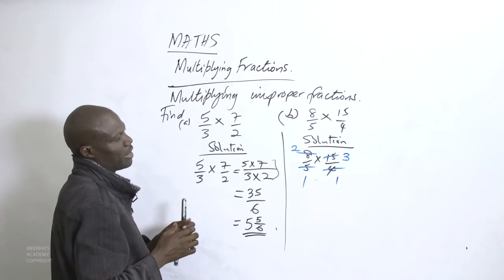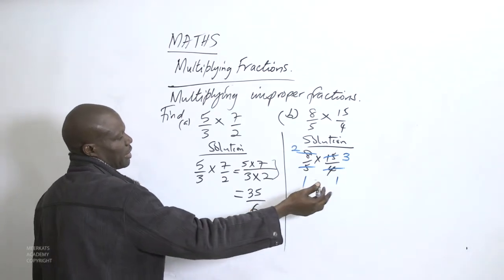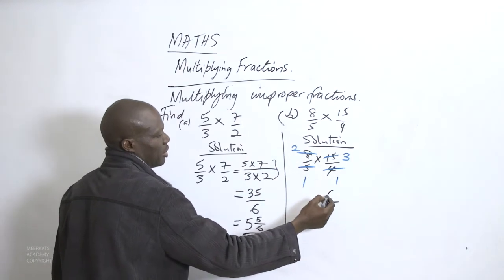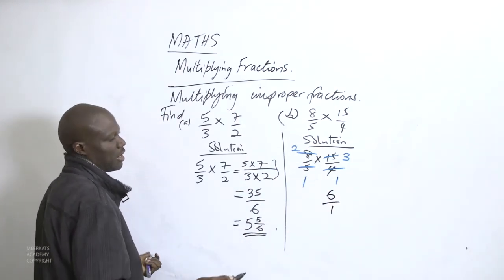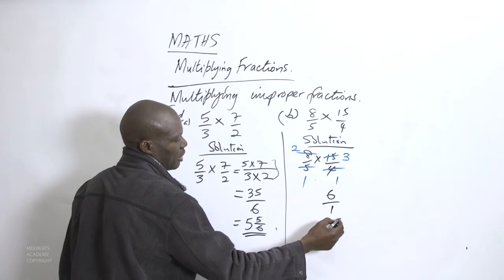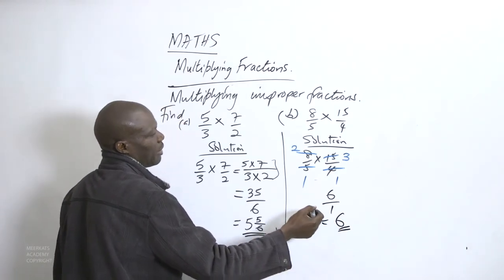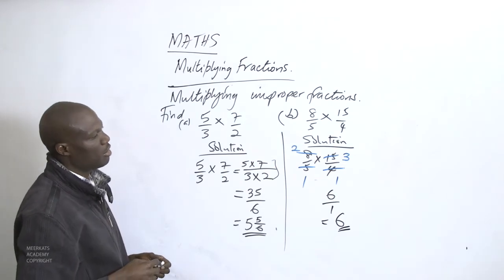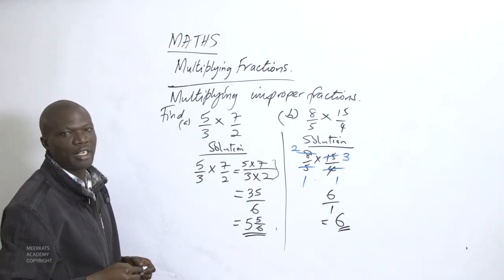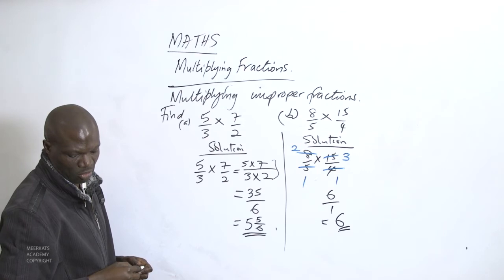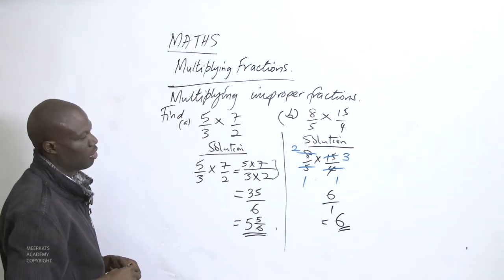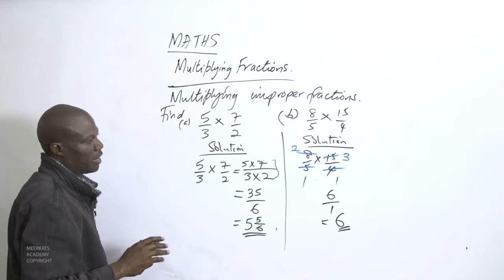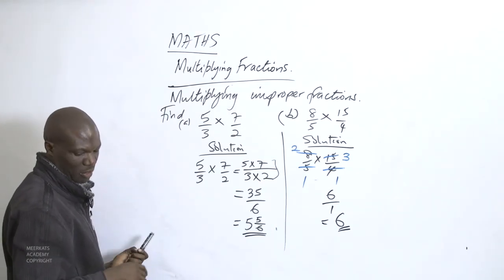So what are we getting here? The denominators are now all 1, and the numerator is 2 times 3, which is 6. 6 divided by 1 is 6. So we find that when you multiply 8 over 5 times 15 over 4, the answer is 6, where 6 is a whole number. Note that we cancelled first before we carried out our multiplication.